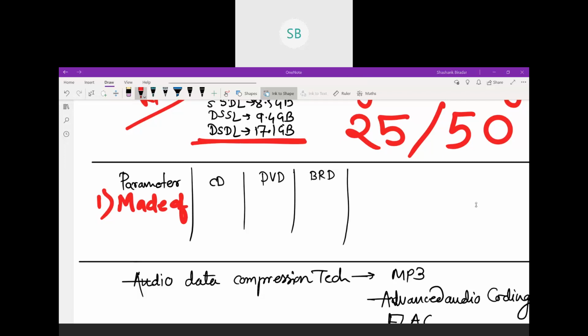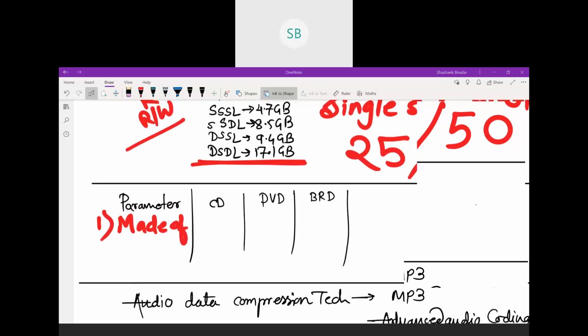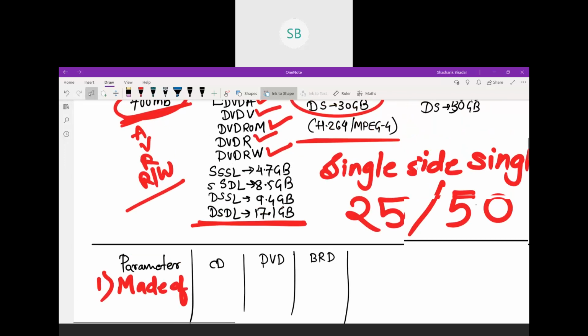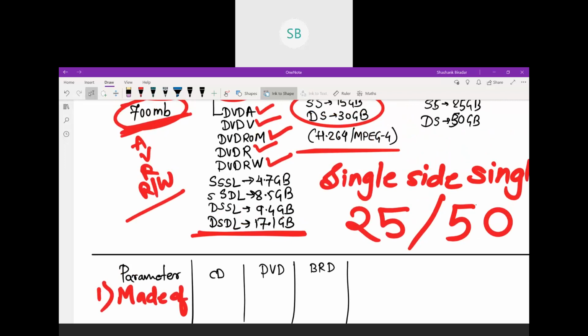And the last parameter would be video recording duration, basically the playback time. Based upon that, up to how much time you can play the data. Basically 80 minutes approximately can be dedicated for audio CDs and VCDs.